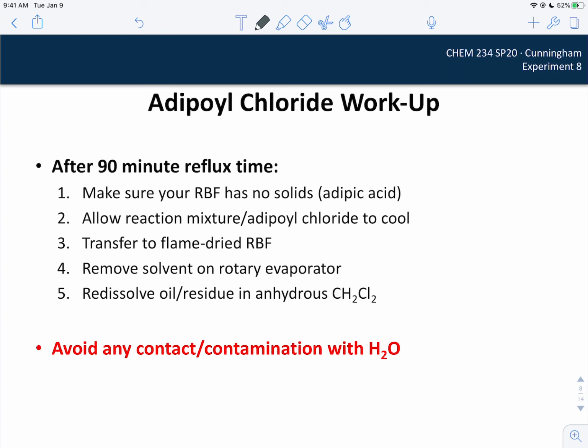That's going to end up giving you an oil or an oily residue in that round bottom flask, and we want to redissolve that in anhydrous dichloromethane. So again, here we want to avoid any contact or contamination with water, because when we have that acid chloride, that adipoyl chloride, it's potentially going to be able to hydrolyze to generate HCl gas, which is not good for us to be breathing in.